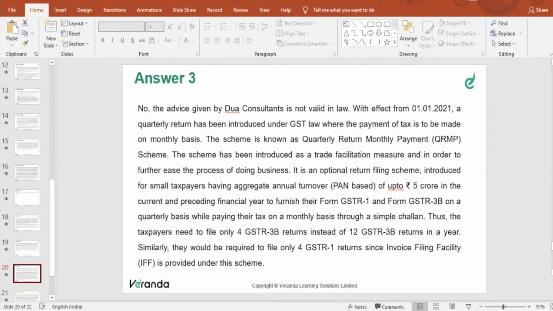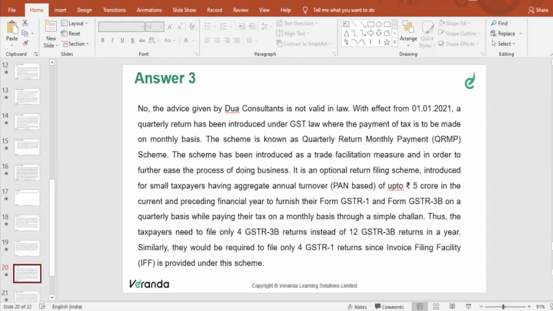When I'm talking about annual turnover, I need to see all the registrations together under the PAN. If it is less than 5 crore rupees, then I am eligible for the QRMP scheme. In my example, I had 2 crore in Tamil Nadu, 2 crore in Karnataka, and 2 crore in Delhi, totaling 6 crore rupees. I am not eligible for the QRMP scheme.